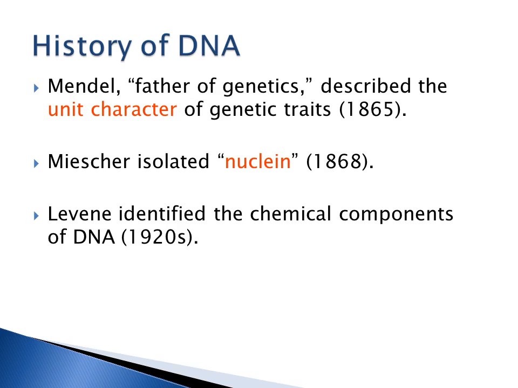Mendel, considered the father of genetics, is the person that described the unit character of genetic traits, and this was done in 1865. In 1868, Miescher isolated what was called at that time nuclein. In the 1920s, Levine identified the chemical components of DNA.